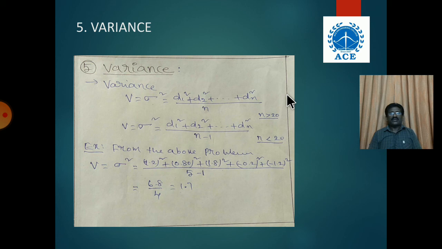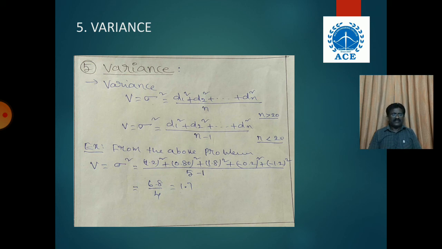For n greater than 20, write divided by n. For n less than 20, you can write variance V equal to sigma square, d1 square plus d2 square plus so on dn square divided by n minus 1. So by using the above two formulas, you can find the value of the variance.